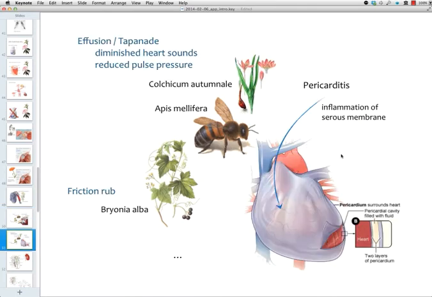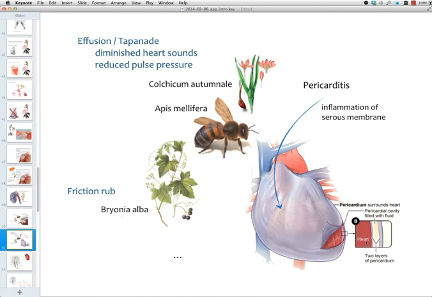Similarly, looking at the affinities of these remedies for particular tissues, the affinities of Apis and Bryonia very particularly for serous fluids tell us these will be remedies that come in importantly in pericarditis, another inflammation of another serous membrane, here the one wrapping the heart. Okay? And we can distinguish them, the indication for remedy, based on our homeopathic indications.